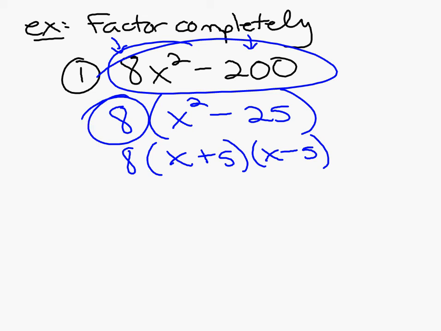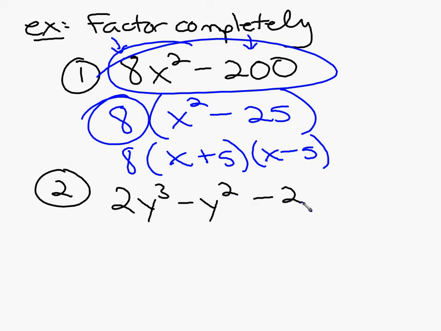Let's do another one like that. 2y cubed minus y squared minus 28y. Now this one has three terms, so we might be thinking, well, can I do backwards FOIL or can I do the product sum method?